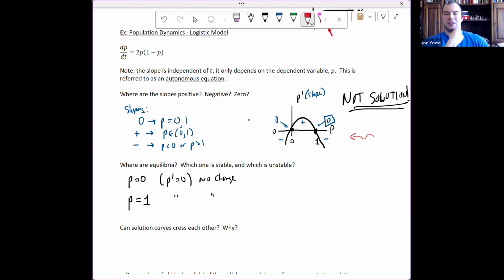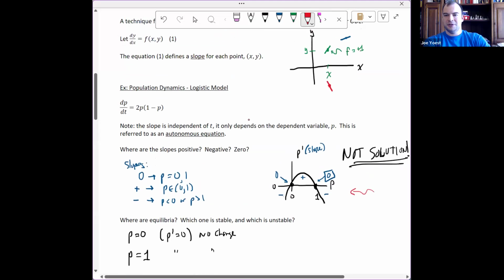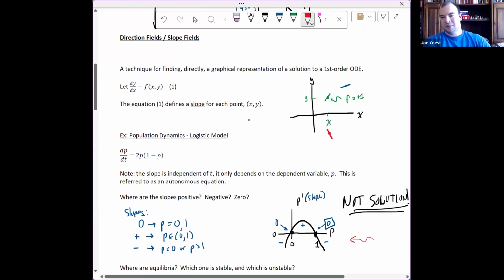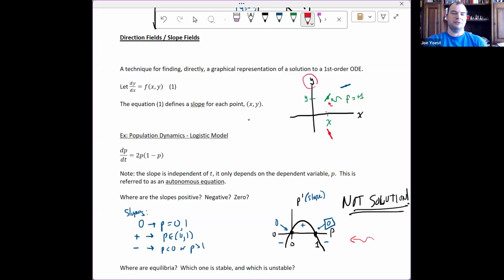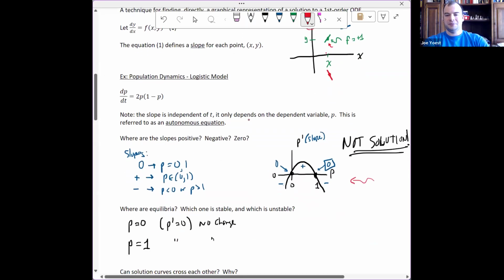So what happens to P locally whenever P prime is positive? When my slope is positive, if I was in this kind of scenario here, the slope is positive. Well, my value of the dependent variable is increasing.